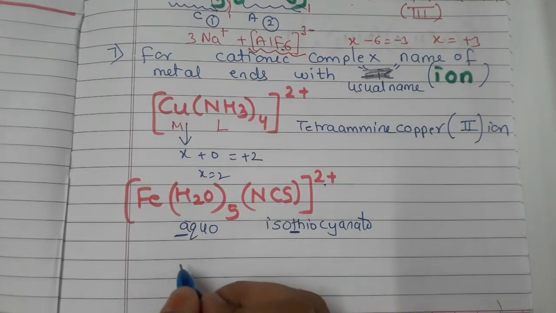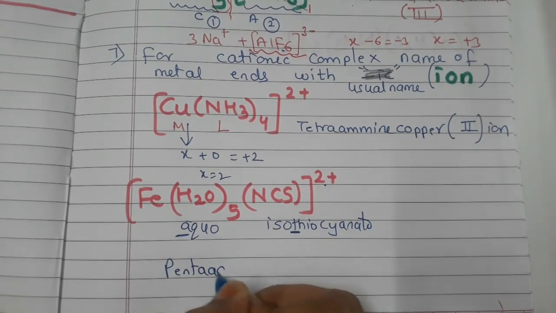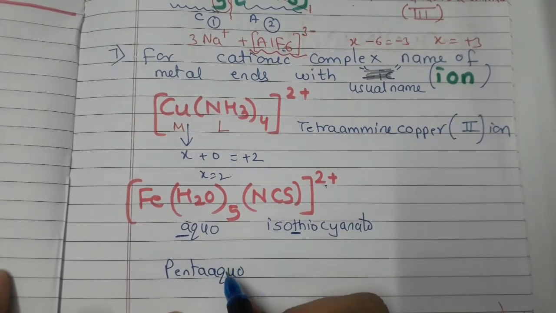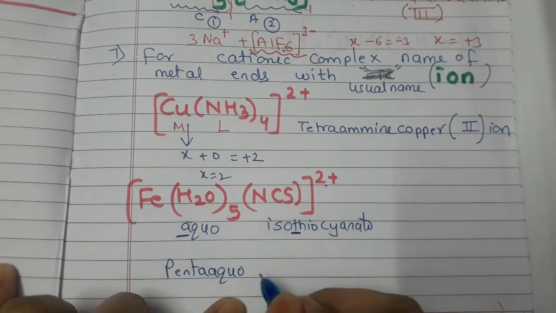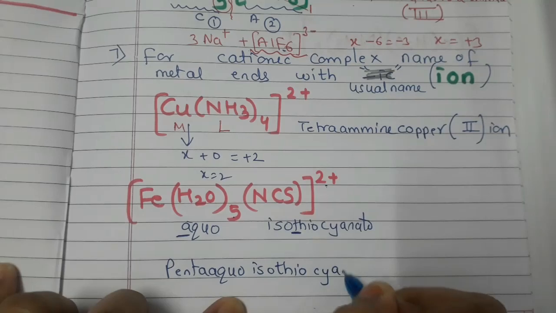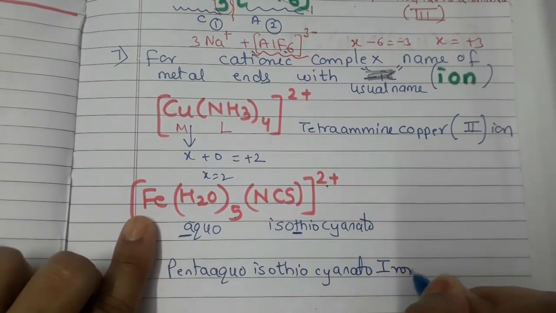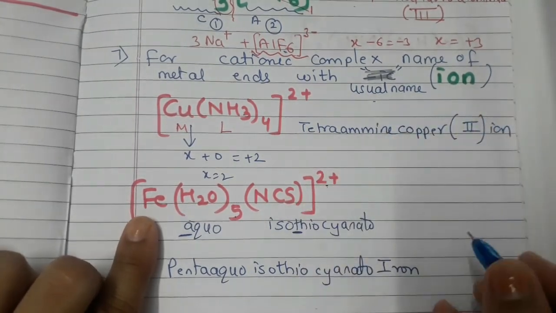So the name of this compound would be penta, so we are having over here pentaaquo. Then I will write isothiocyanate. Fe, I'll write iron, because it is a cationic complex, so the name has to end with the common name, iron.